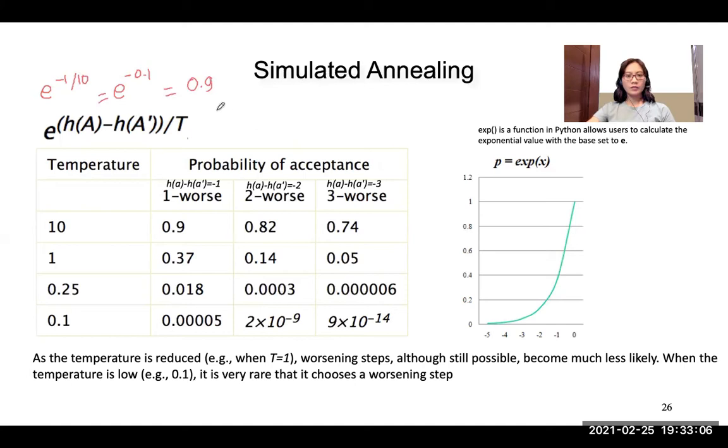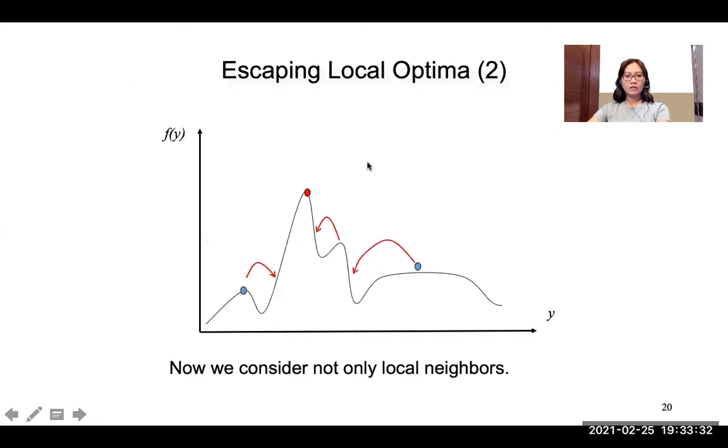It's a little bit different for the next example: how many times worse? Say 2 times worse. So e to the power of -2 divided by 10 equals e to the power of -0.2, which equals 0.82.